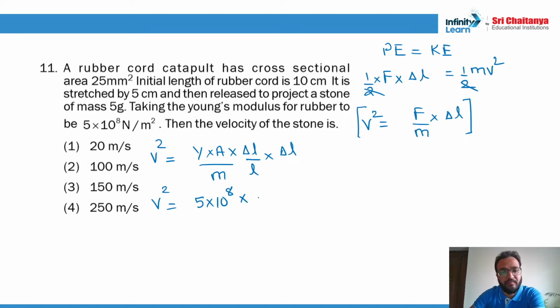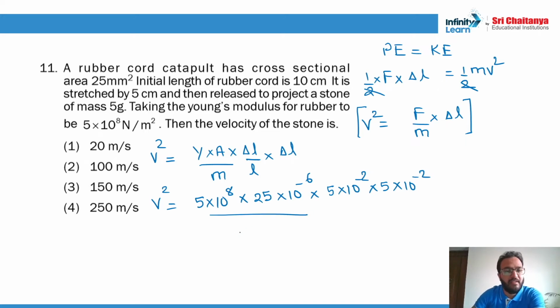What is area? 25 millimeter square. Delta L is 5 centimeter. Mass is 5 grams. Length is 10 centimeter. I hope we can solve it.